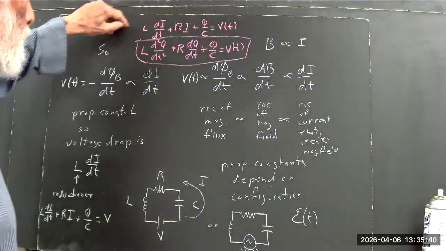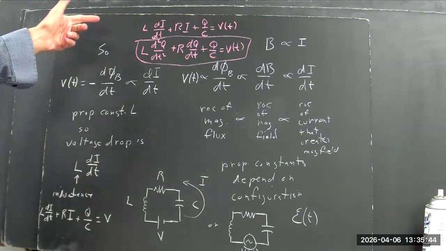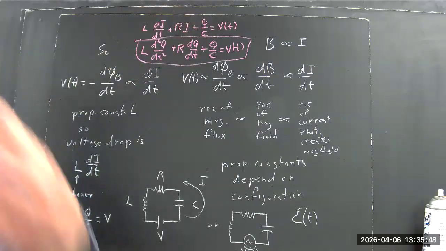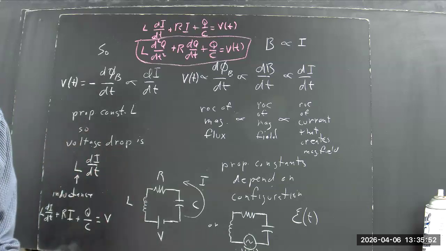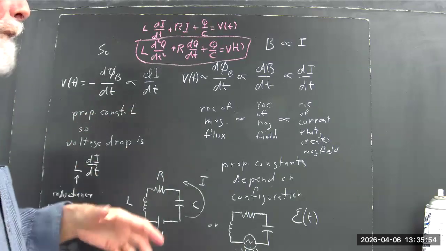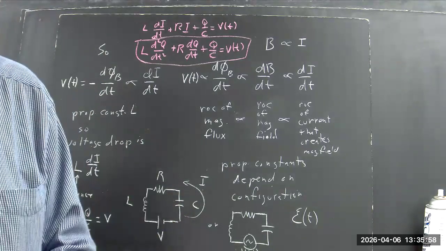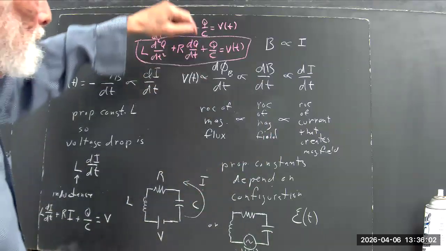Okay, so here we have the equation again. Observing that your current is the rate of change of charge on the capacitor, because you're moving charge from one plate to another. And it's the motion of that charge that creates the magnetic field, okay? The migration of charge.